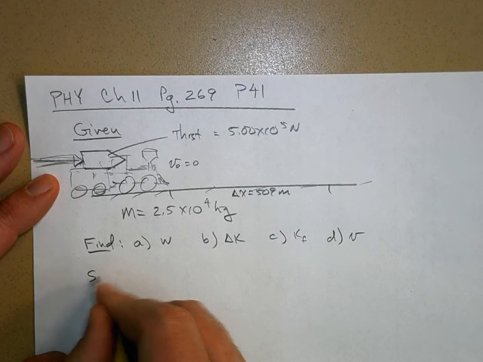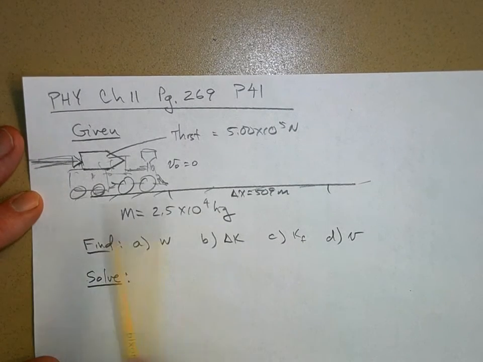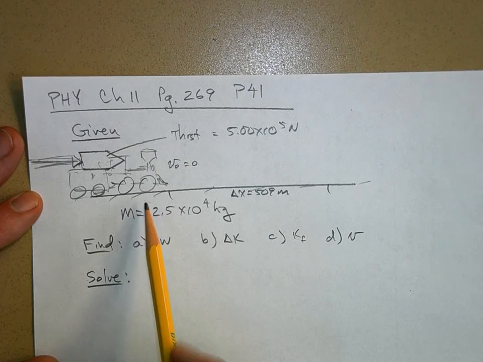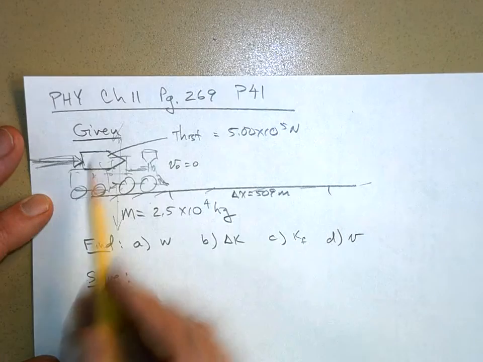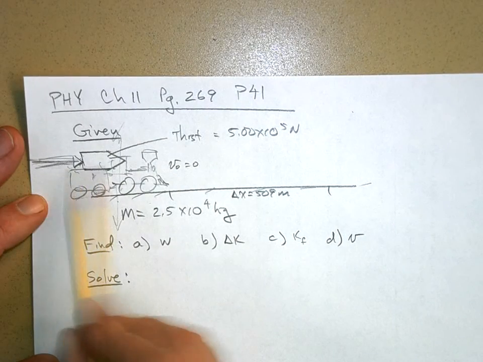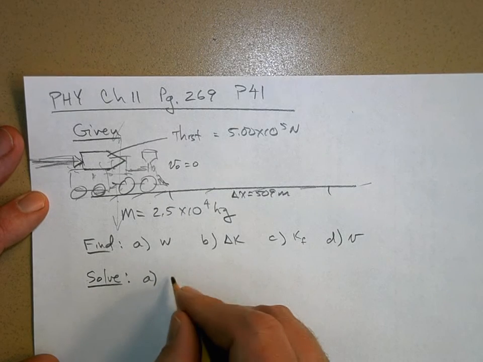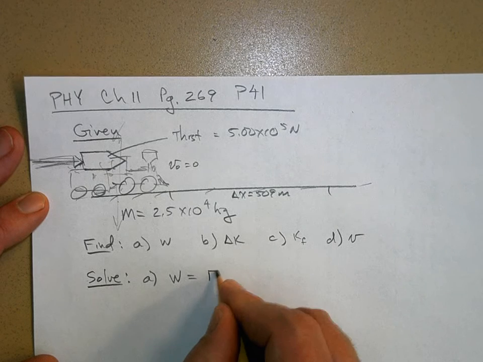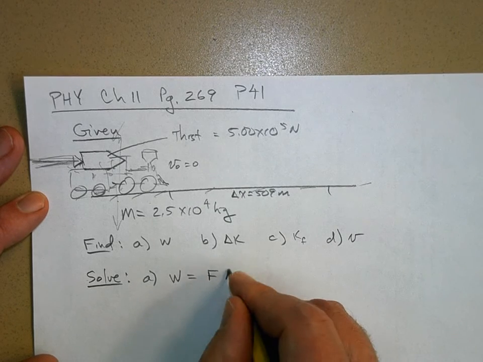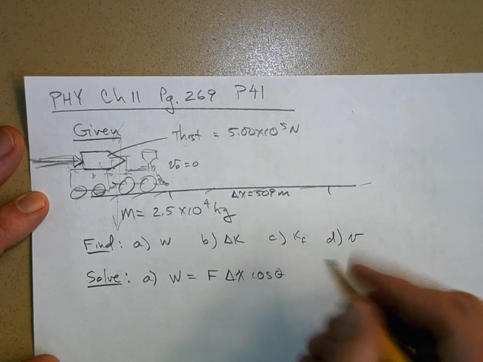Okay, so let's solve. Now, it says there's no friction in this problem. So I've got force of gravity holding down, normal force up, and then I have this thrusting force. So this thrusting force is the net force. The work done by that net force is equal to that force times delta x times the cosine of the angle between them.